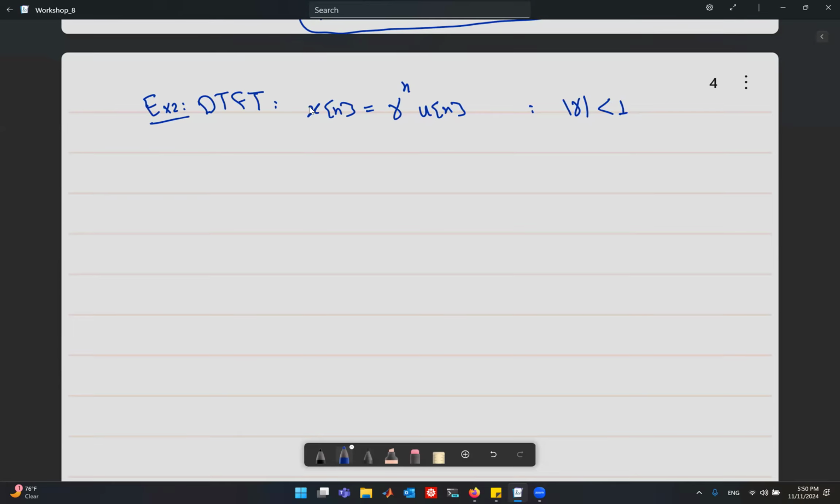So this is the signal. We need to find the discrete time Fourier transform, X of exponential j omega.